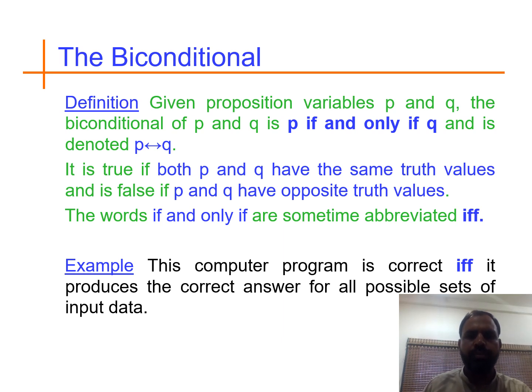The words if and only if are sometimes abbreviated iff. We have already discussed this in the previous lecture. This computer program is correct if and only if it produces the correct answer for all possible sets of input data.